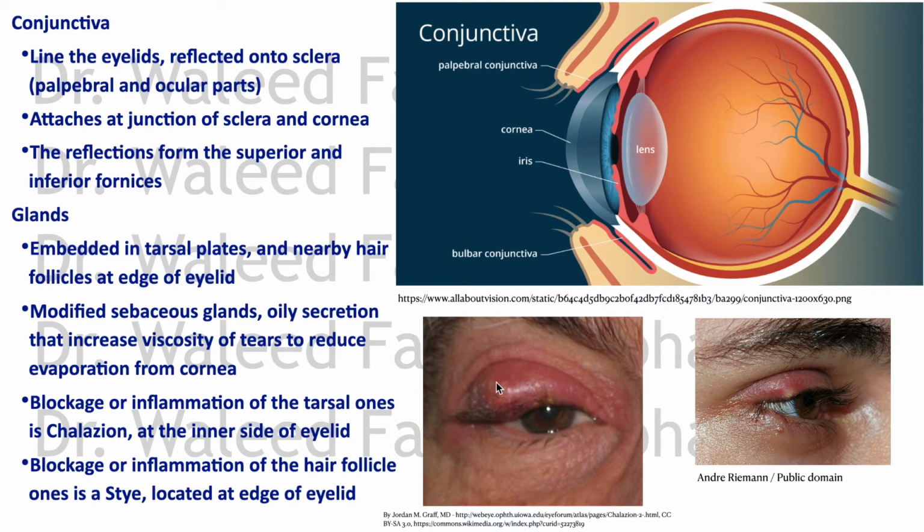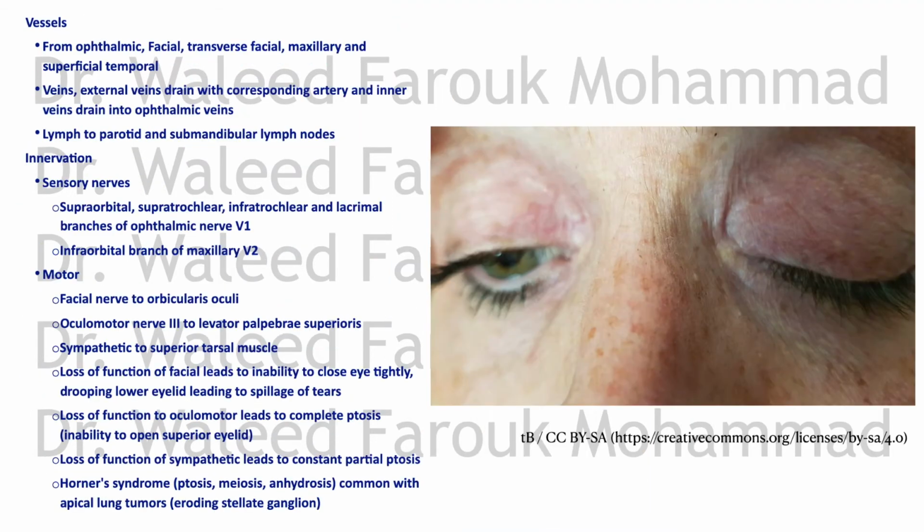Okay, now for the blood supply of the eyelids, it comes from the ophthalmic, supraorbital, supratrochlear branches, and lacrimal branches for the upper eyelid. For the lower eyelid, from the infraorbital vessels. Infraorbital comes from the maxillary. Okay, we have infratrochlear here that comes from the ophthalmic to supply the medial canthus.